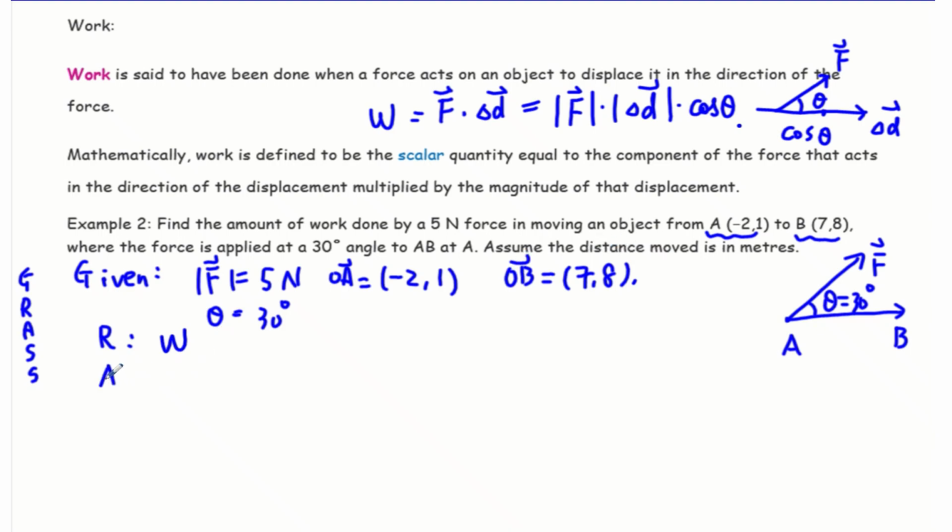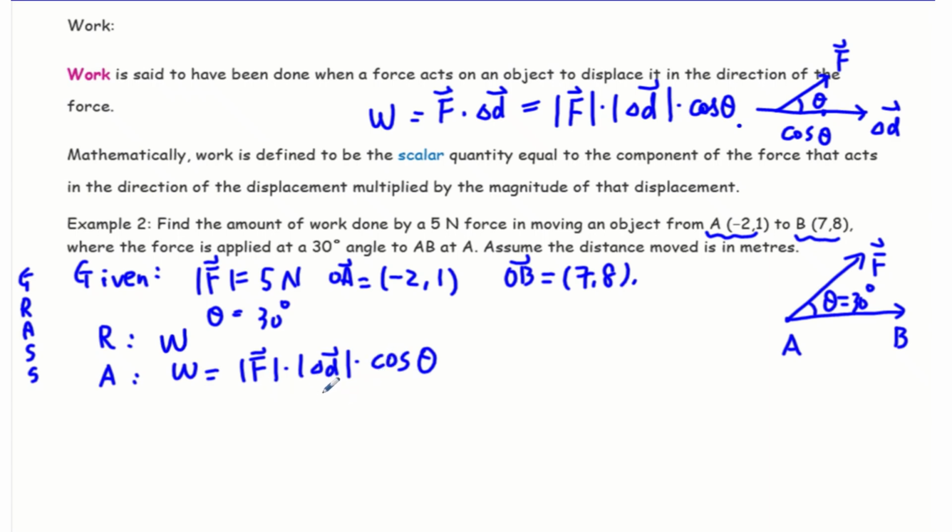So the analysis is a work. The formula is F dot delta D, then because the angle and the magnitude are given, we want to use this magnitude times cosine theta.